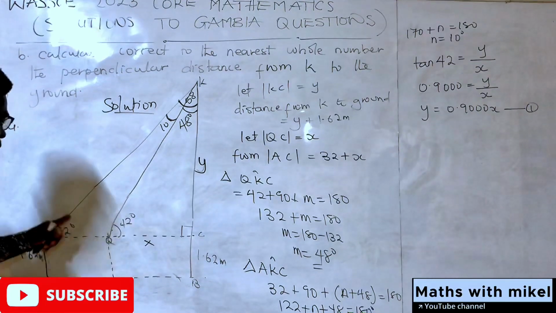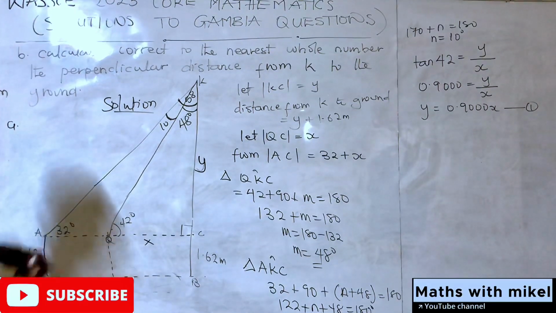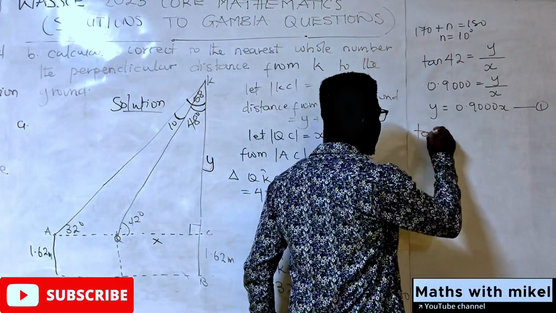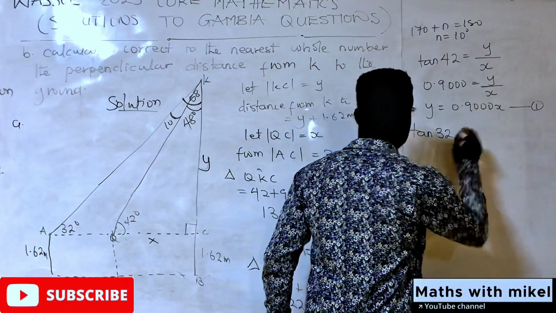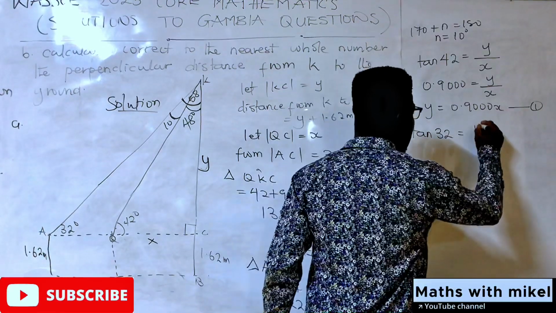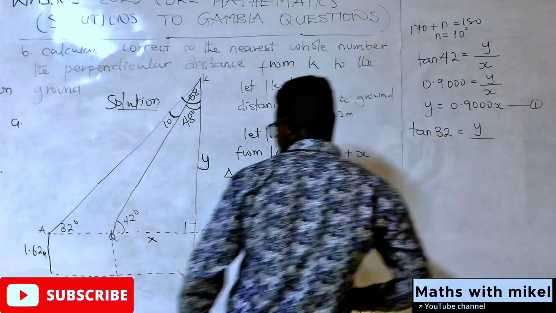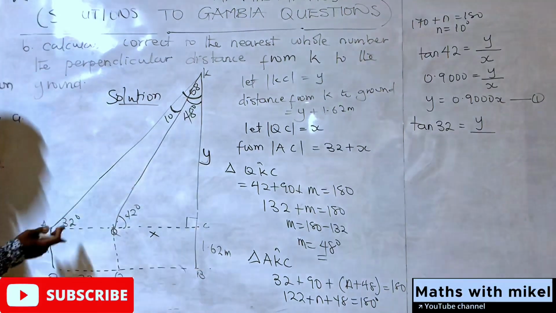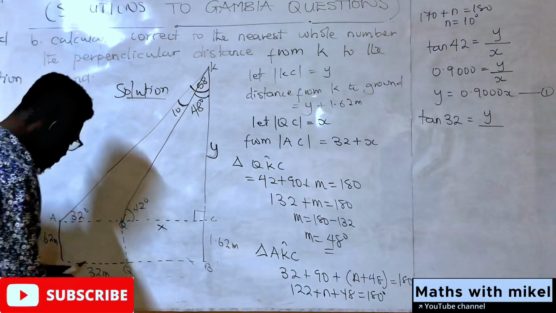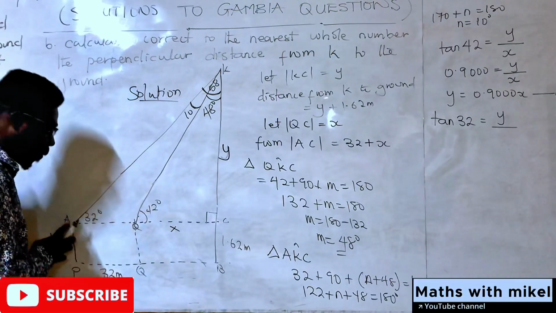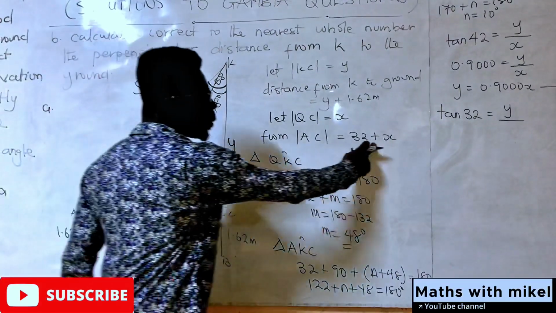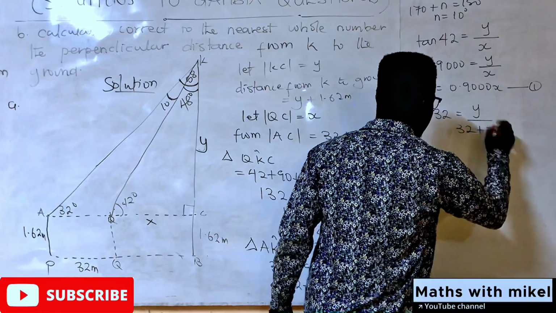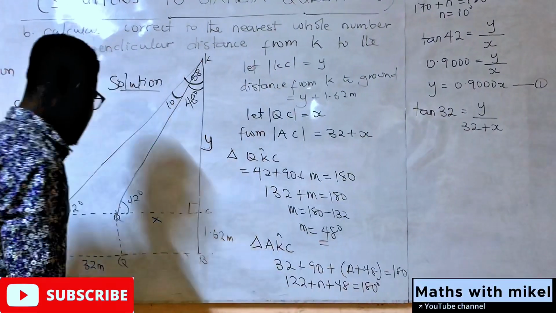We can equally use tan for angle 32. So tan 32 is equal to, the opposite is still y over. Now the adjacent, if you are using this bigger triangle, the adjacent is going to be from P to B or from A to C. And we know that to be 32 plus x.